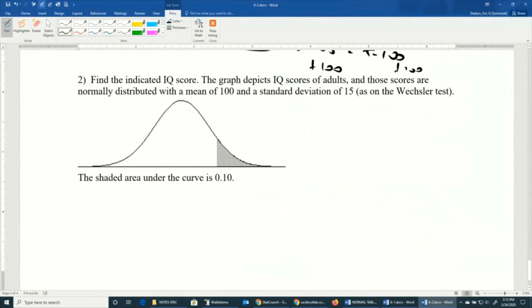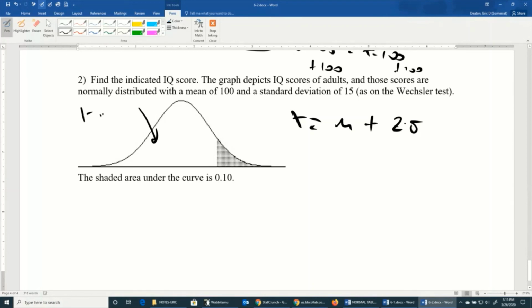This one's a little bit different. If you were to do it by hand, the formula is actually this, in case you want to know. If you take a z-score formula and rearrange it, it's actually that. But in order to use this, if I do it by the table, I need to know what that area is.